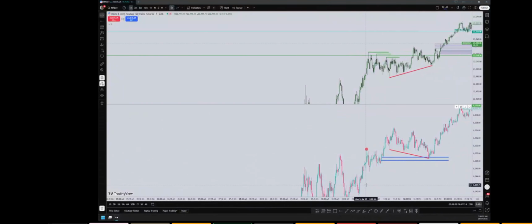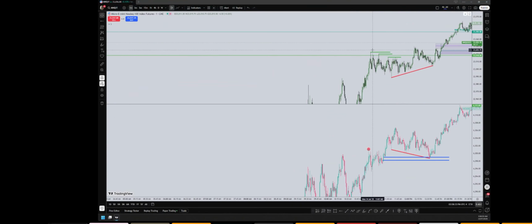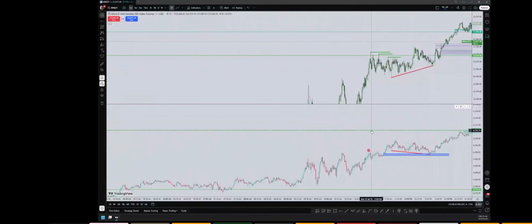So it's been following what it was following during the start of the day, which is it was less strong on the buy side, more strong on the sell side. NQ was more strong on the buy side, less strong on the sell side. So NQ took the buy side first, while ES was still this far from that same buy side.